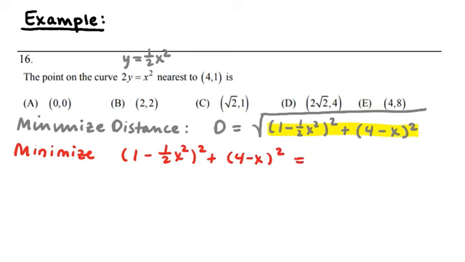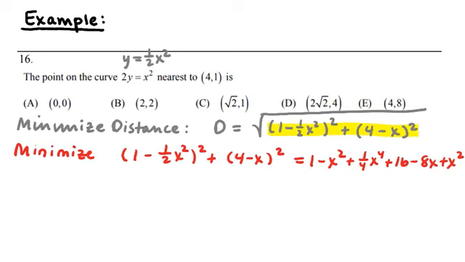So I'm going to square both of these binomials. I'm pretty decent at that. So that's going to be 1 minus an x squared plus an x to the 4th over 4. And then we're going to add 16 minus 8x and a plus x squared. Okay, and that's the polynomial that we are trying to minimize.